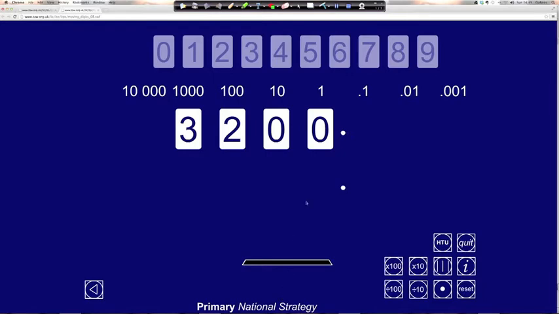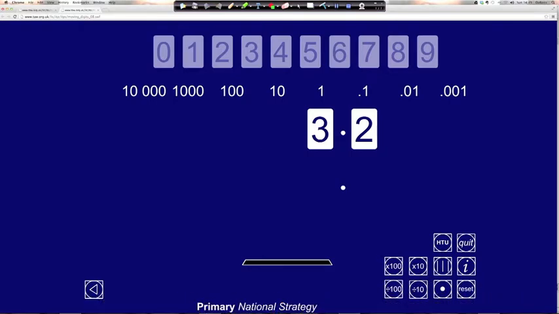You can see that this is the same as multiplying by 100. So 10 times 10 is the same as multiplying by 100. If I go back to 32 and I want to divide by 10, my answer becomes 3.2. So the digits have just moved one place to the right.